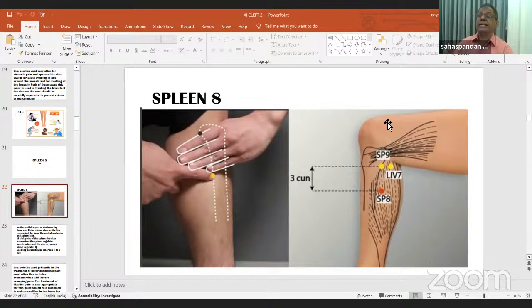On the medial part of the lower leg. Medial means inner side. Inner side part of the lower leg, 3 chun below spleen 9. This is spleen 9. You can see in the picture, the yellow dot is spleen 9.